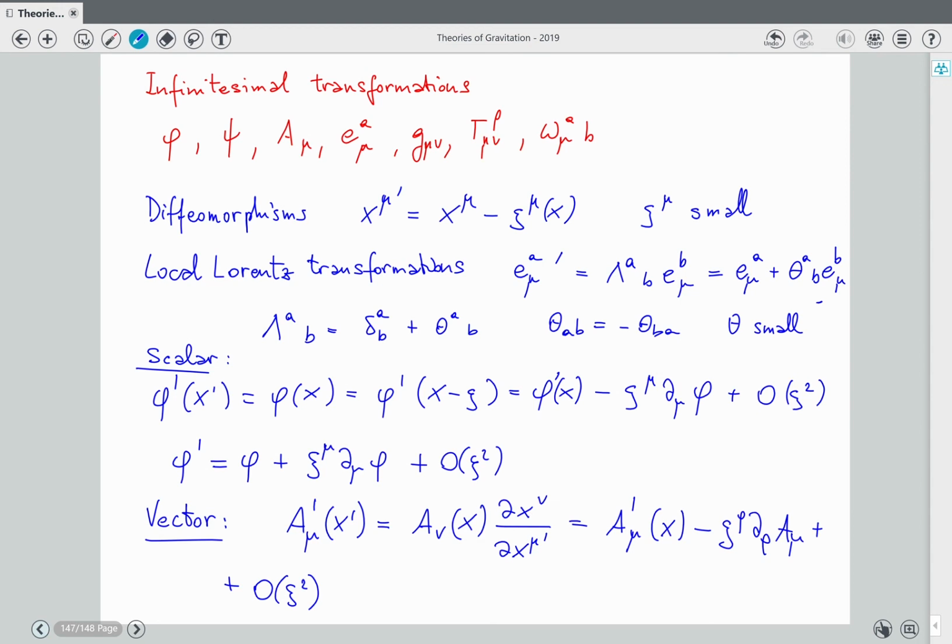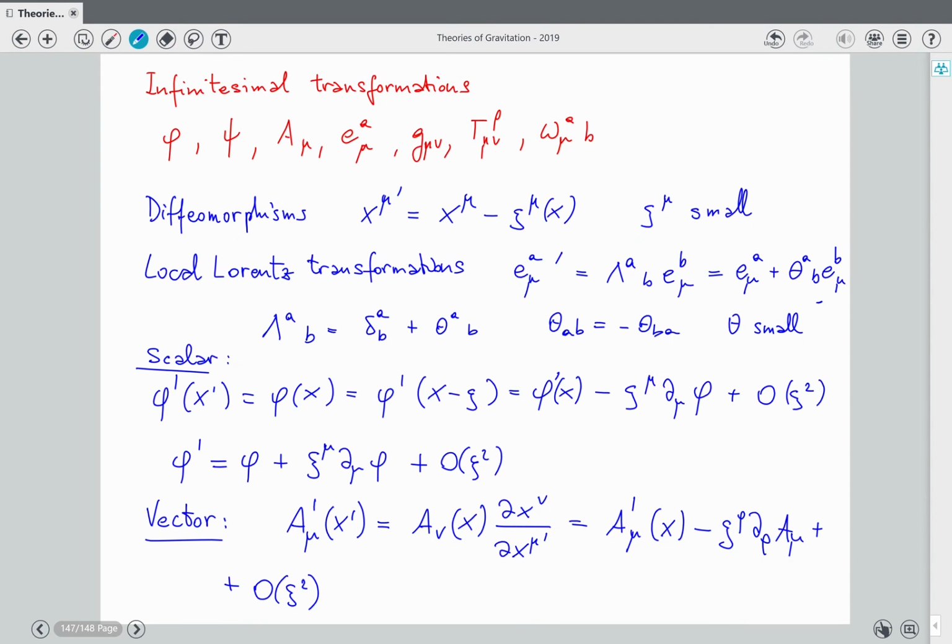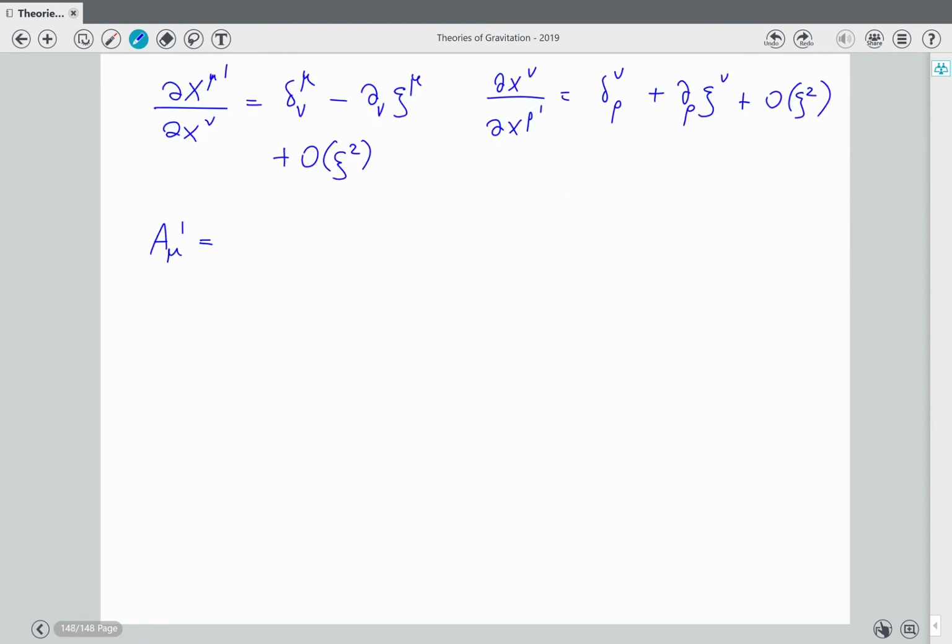So in the transformation of a vector, we have, let's copy this, a mu prime equal to, well, first let me move this term to the right hand side, partial psi rho, partial rho a mu.